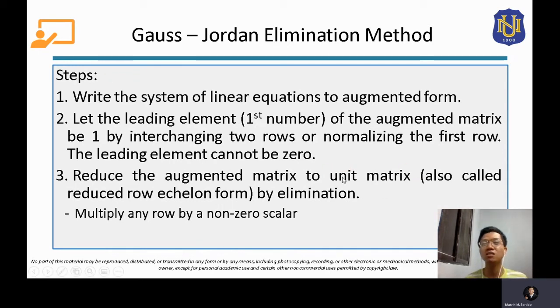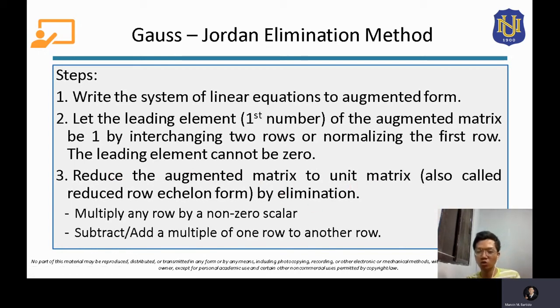A unit matrix is a matrix wherein the principal diagonal elements are all 1 and the remaining elements are all zeros. That unit matrix is also called the reduced row echelon form. So we're going to reduce that augmented matrix to a unit matrix by elimination.